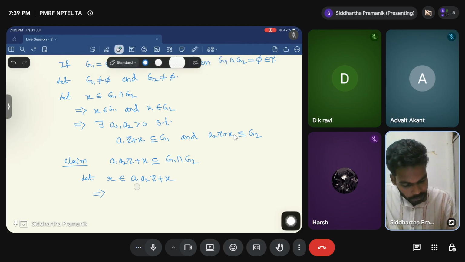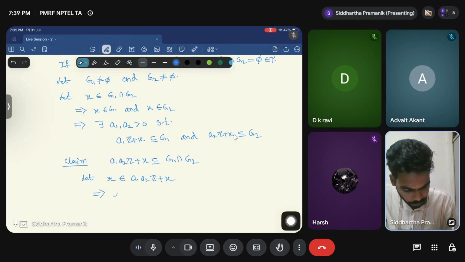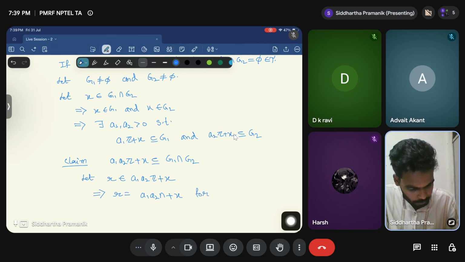So r is in this set. So by definition, r equals a1a2 times some n plus x for some n.